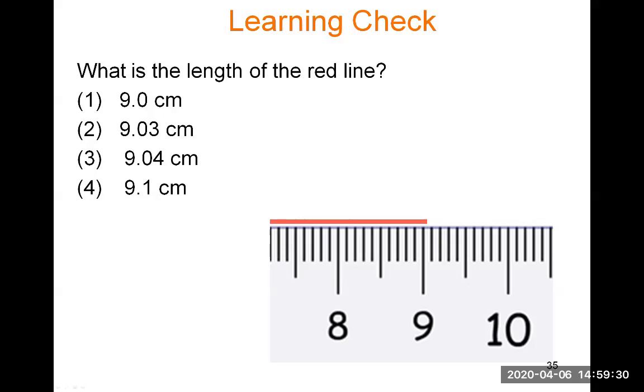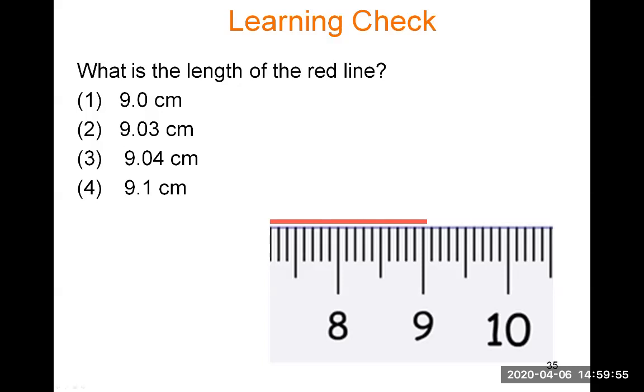So we know it's between 9.0 and 9.1, and we have to estimate one more digit. Sorry, yeah, we have to say that it's 9.0 for sure, but it's not yet 9.1. And so we have to estimate between 9.0 and 9.1.